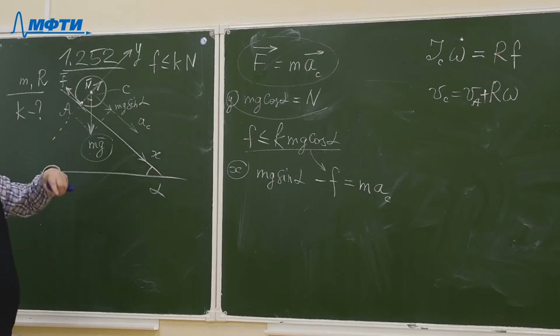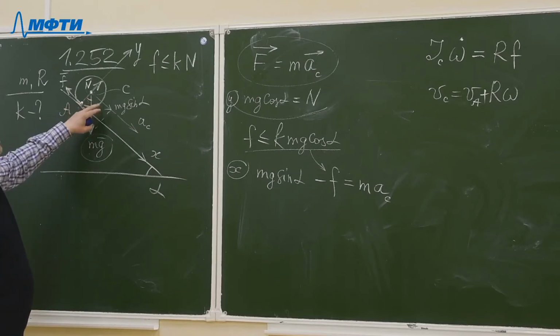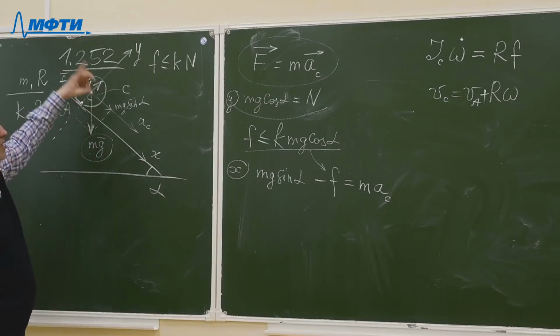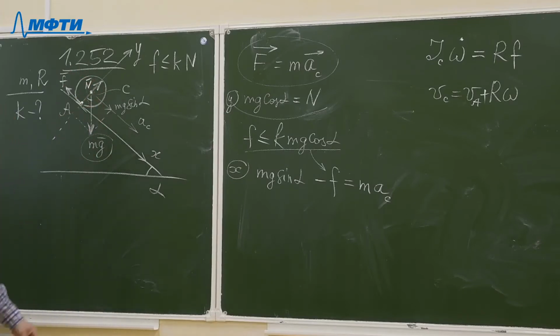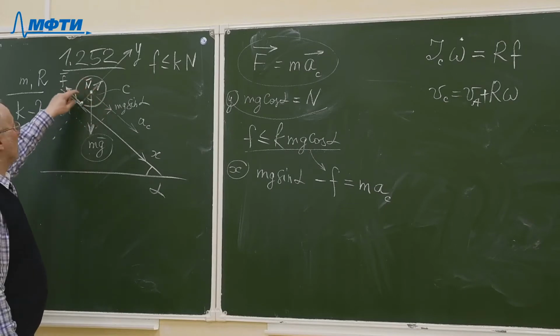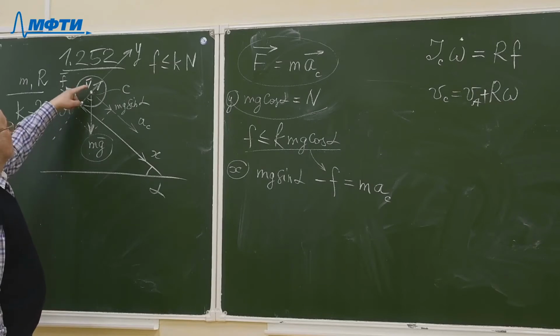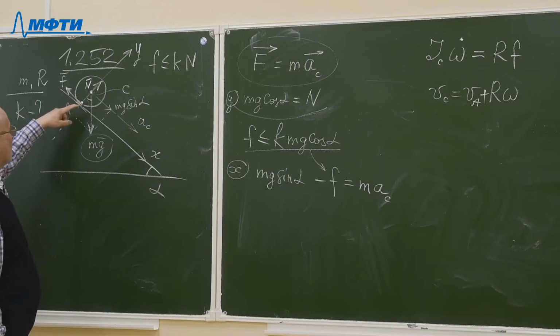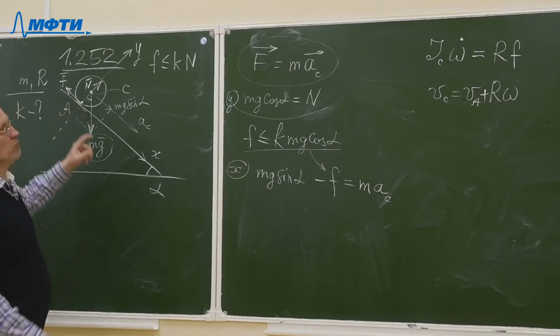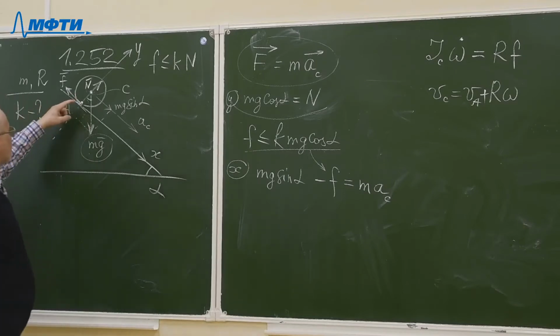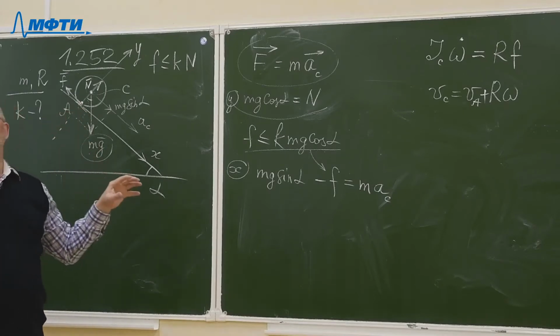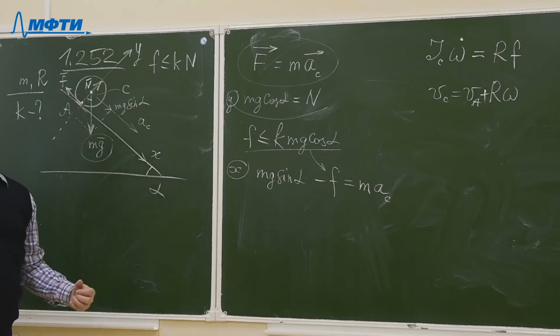We proved this theorem, that omega, the angular velocity, is a single quantity characterizing the rotational motion of the whole solid body. Omega is the same for any axis of rotation. So the radius of the sphere times omega is the velocity of the center with respect to point A, and the velocity of point A with respect to the surface is what? It's 0, because this point is in touch with the surface, and according to the statement of the problem, there is no slipping.